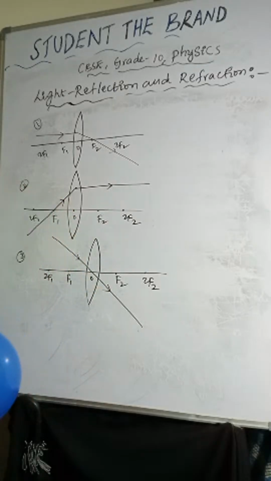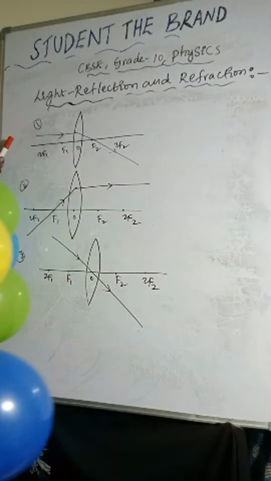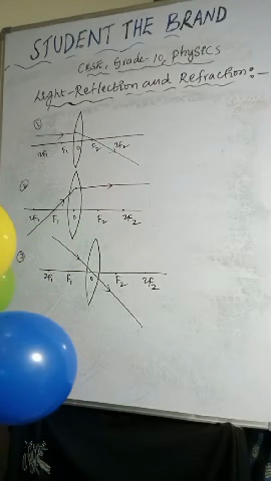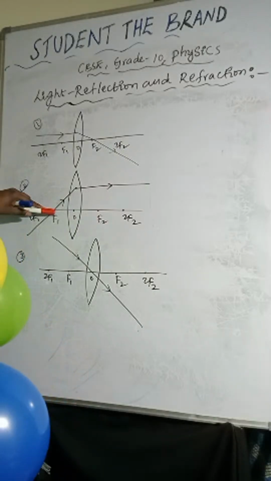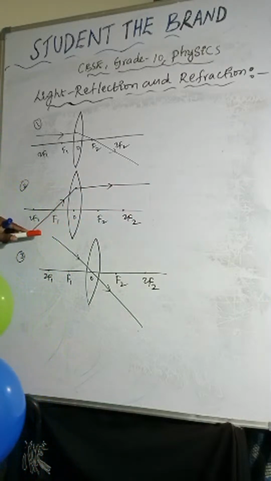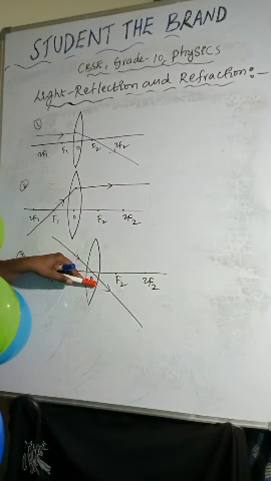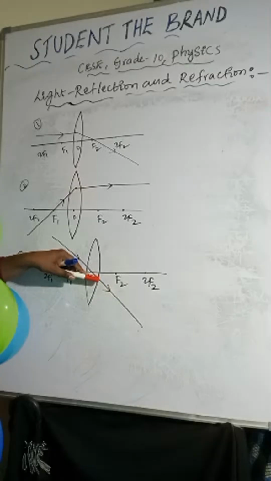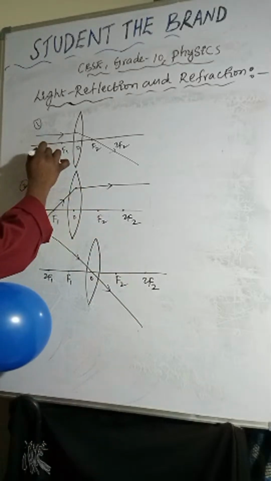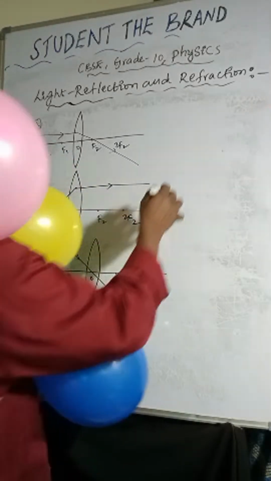You can observe here in these three cases, light ray is coming from infinity, after refraction it passes through focus. Light ray is passing through focus, after refraction becomes parallel to the principal axis. Light ray is passing through optic center, it won't be deviated. So here first, second, third, three cases.